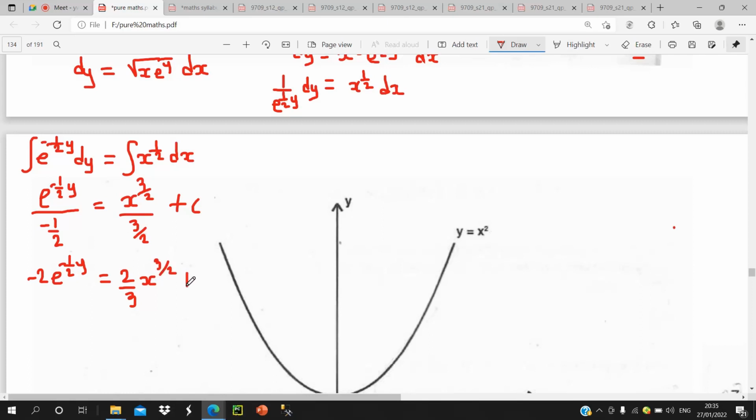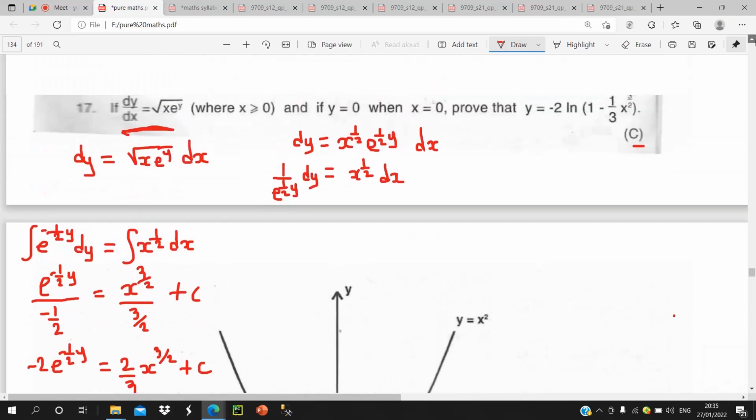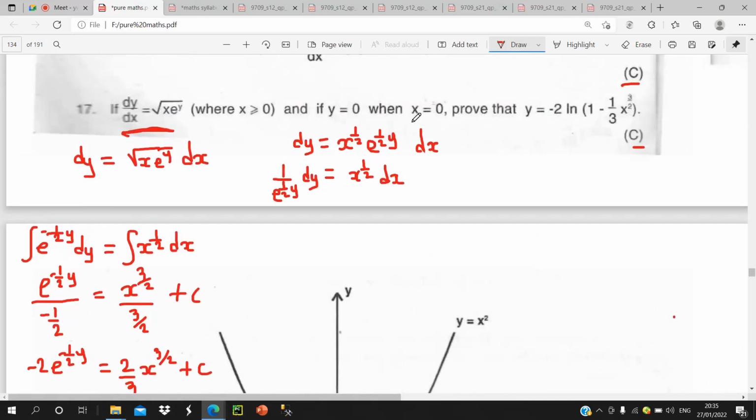Then plus c. So before simplifying further, let's see if we have a particular solution, initial conditions. We have the initial, right? Yes. x0, y0.